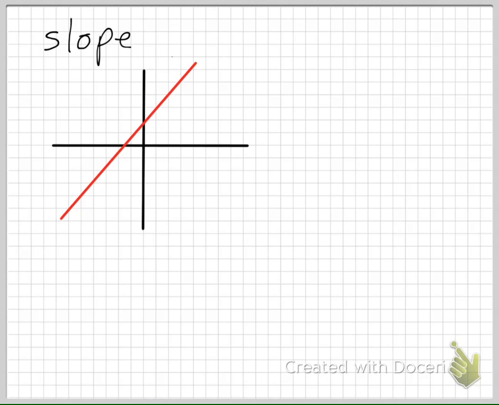Then we also have lines that look like that, and those ones have negative slope. Then we have lines like this. What kind of slope do those have? 0. Good job, Bryson. Those have a 0 slope.